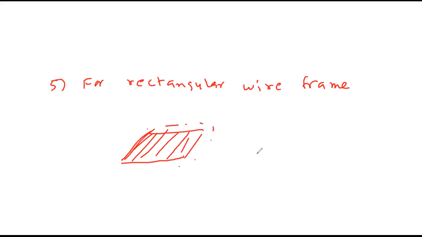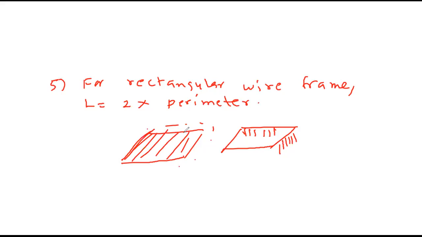So we will have water pulling this from outside as well as from inside. So can I say total length in contact will be double the perimeter? That means outer perimeter plus inner perimeter. So write 2 into perimeter.